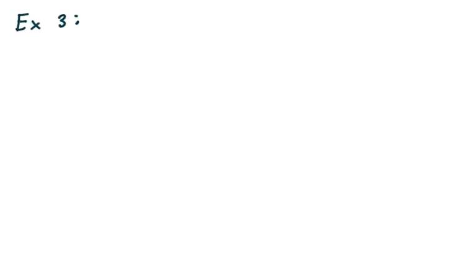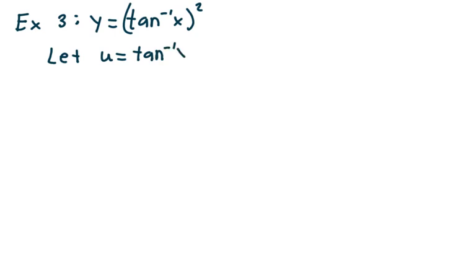And we'll do one more for this video here. Let's take a look at this one. So if I have y equals arctangent x raised to the 2nd power, I'm going to let u equal the arctangent of x.